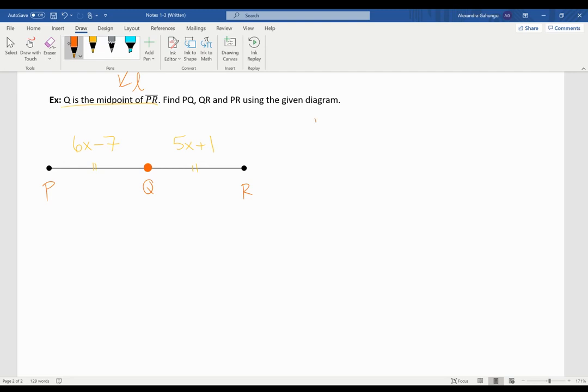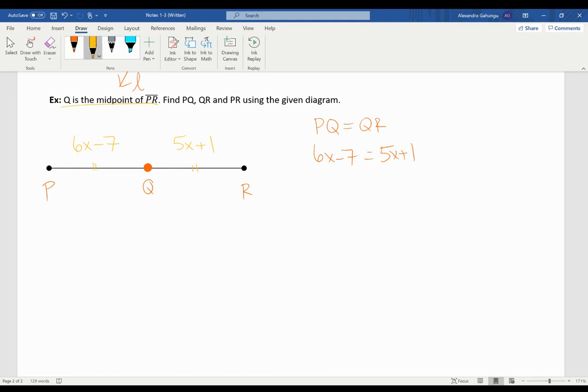If I have two congruent pieces, I know then that PQ should be equal to QR because Q is in the middle. If I know that PQ and QR are equal, that means 6x minus 7 and 5x plus 1 are equal. And I can solve for x.